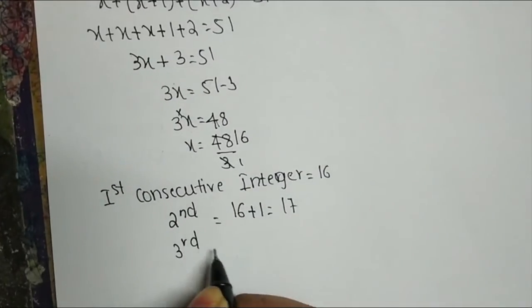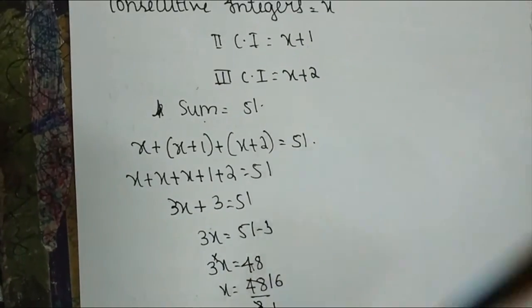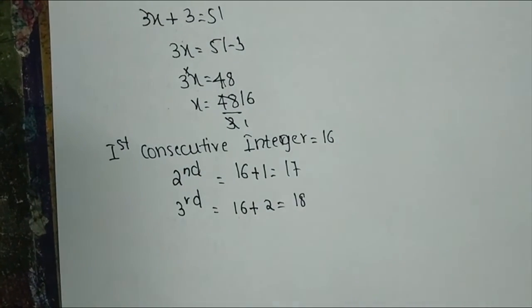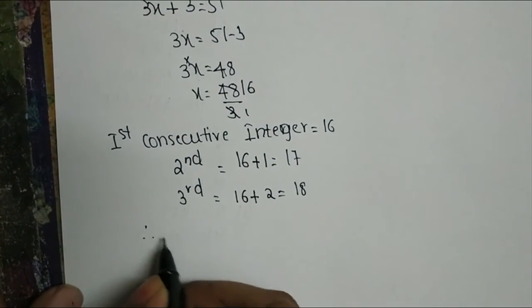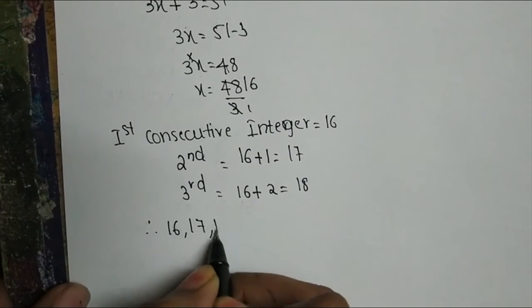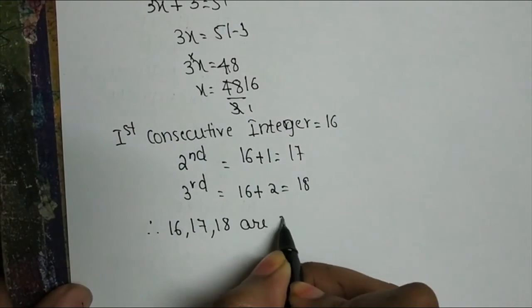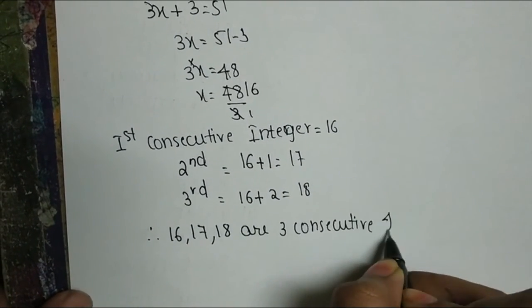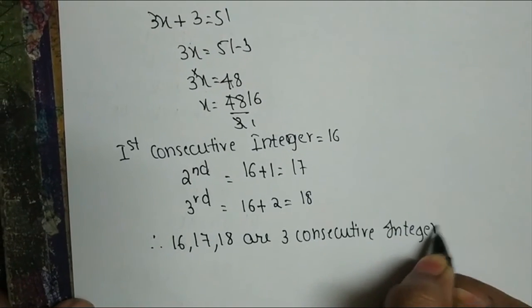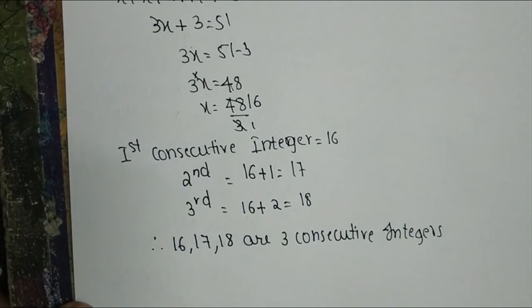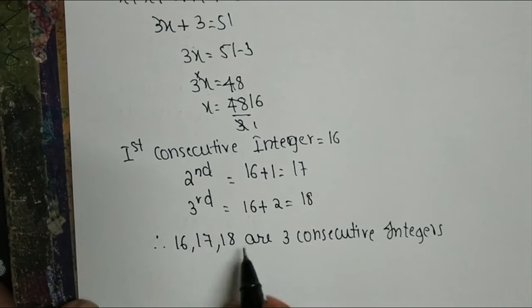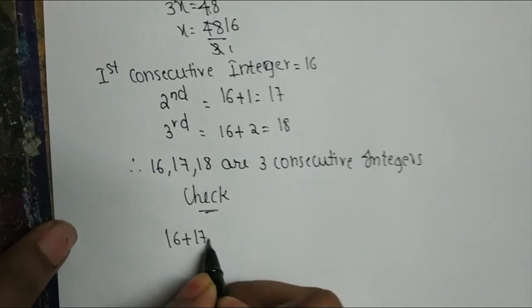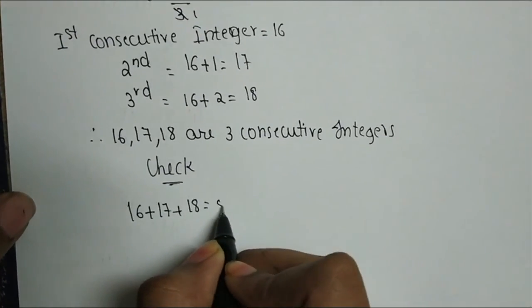The third one is x plus 2, 16 plus 2, we get 18. Therefore 16, 17, 18 are 3 consecutive integers. Look there, one after the other. You can also check them. When we add 16 plus 17 plus 18, we get the answer as 51.